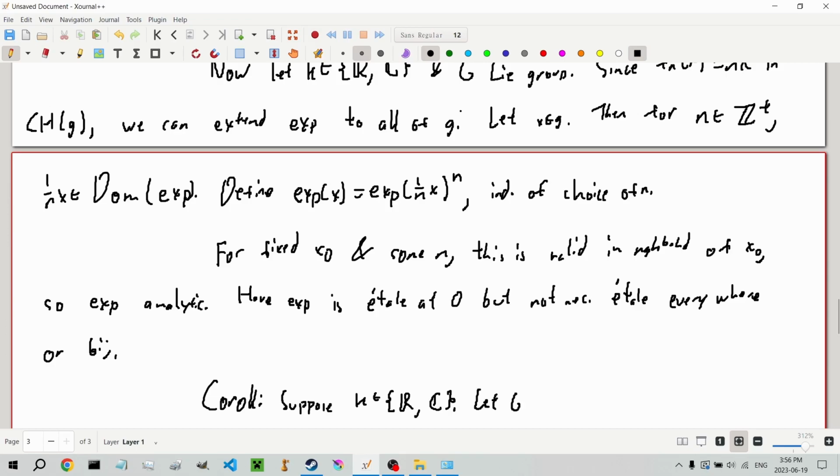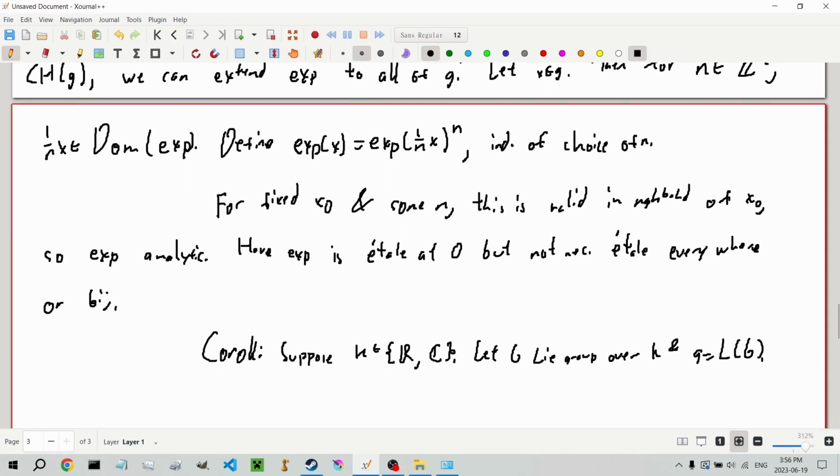Let G be a Lie group over k, and let g be L of G. Then first off, suppose that our Lie group is connected and its algebra is abelian. Then the group itself has to be abelian.